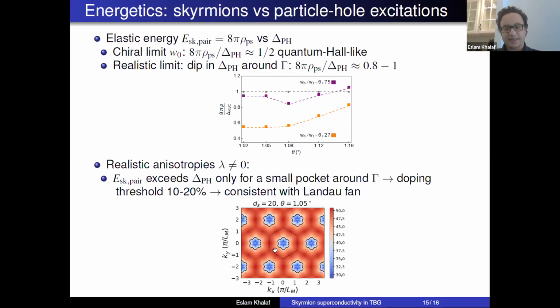So this would suggest that maybe the first few charges we dope in the system enter as electron-hole pairs, but at some finite doping that's around 10 to 20%, we actually get skyrmions. Note that our energy estimate for the skyrmions is likely to be an overestimate. We estimate it from this classical energy function, which, for example, is known to overestimate the energy in the case of quantum Hall ferromagnetism.